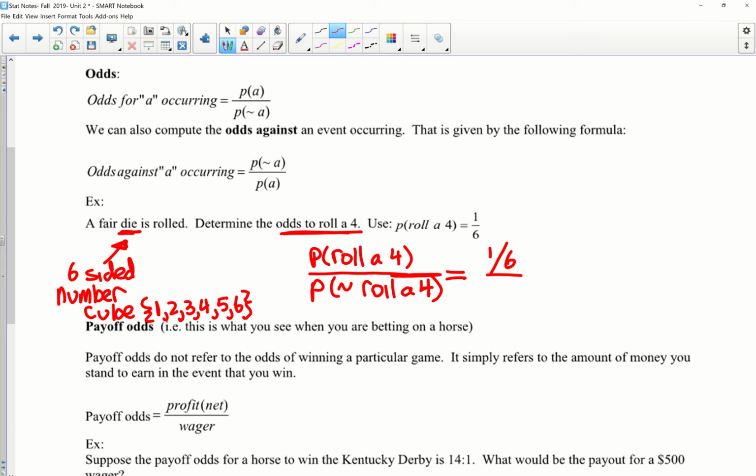All right, so the probability that you won't roll a 4 would be everything except for the 4. So we have 1, 2, 3, 4, 5, and 6. One of those outcomes is the 4. I want everything else. So everything else would be the other 5 values.